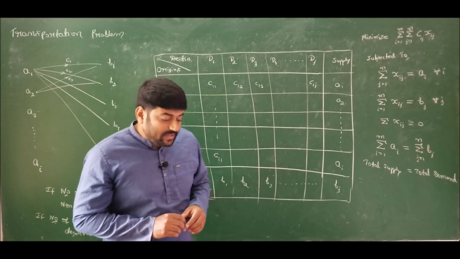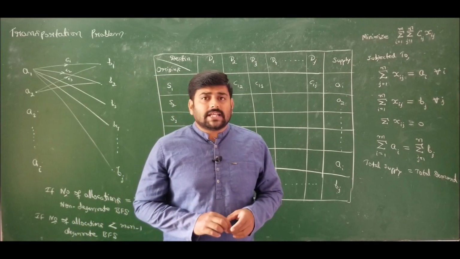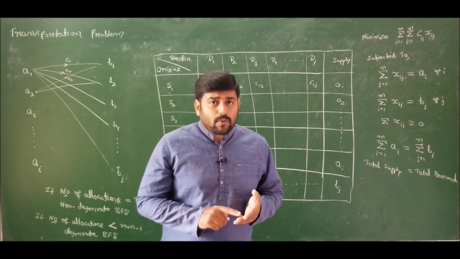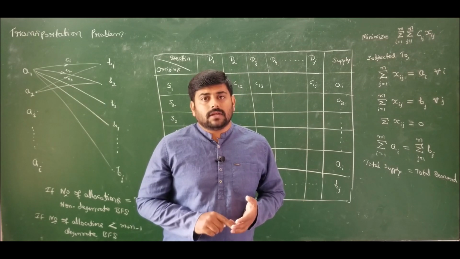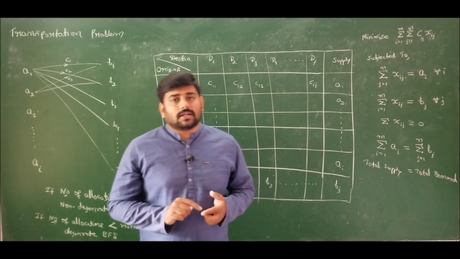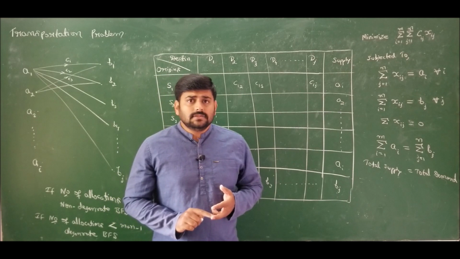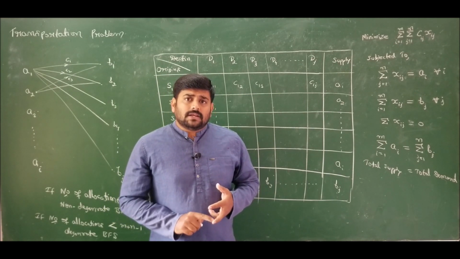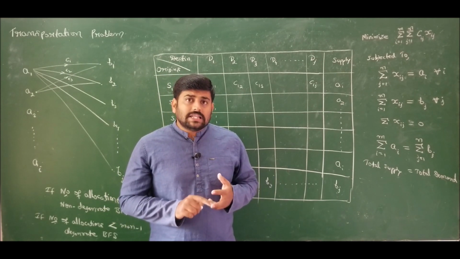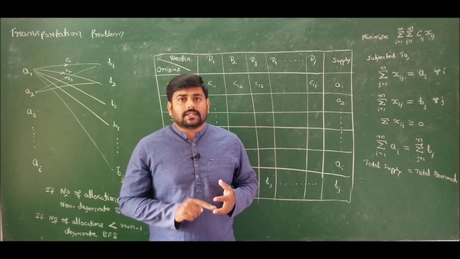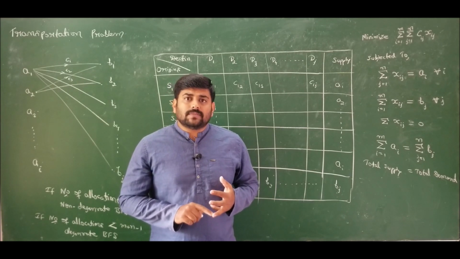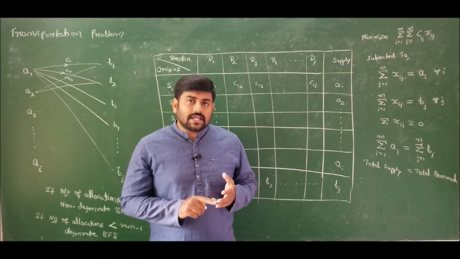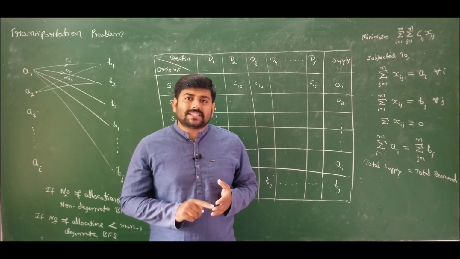To obtain the feasible solution for any given transportation problem, there are 3 popular techniques that we are going to employ. First one is northwest corner method, second one is matrix method, or it is also called least cost matrix method, and third one is Vogel's approximation method. So, using these 3 methods, we can determine the basic feasible solution for any given transportation problem.